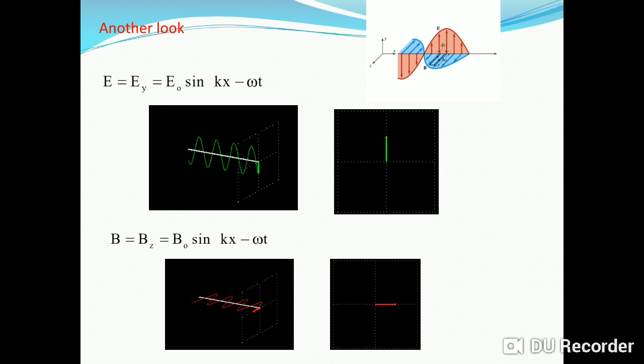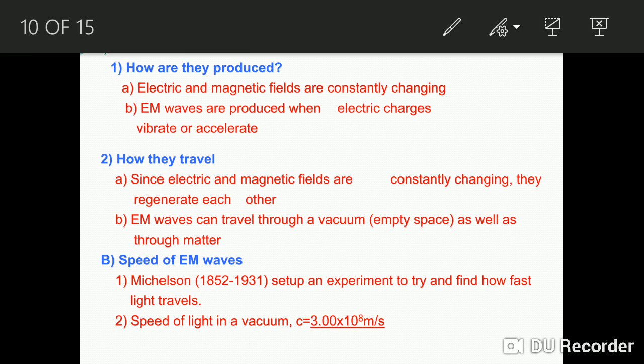Now next one, see here how the electromagnetic wave is produced. Electric and magnetic fields are constantly changing. Electromagnetic waves are produced when electric charges vibrate or accelerate.